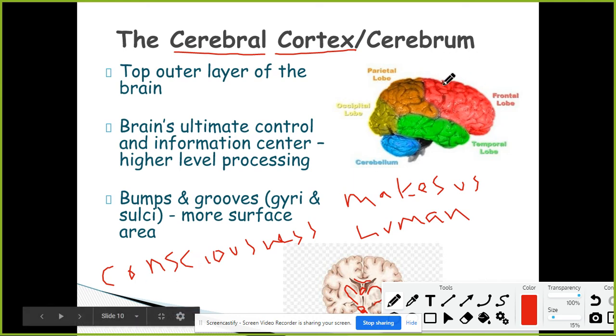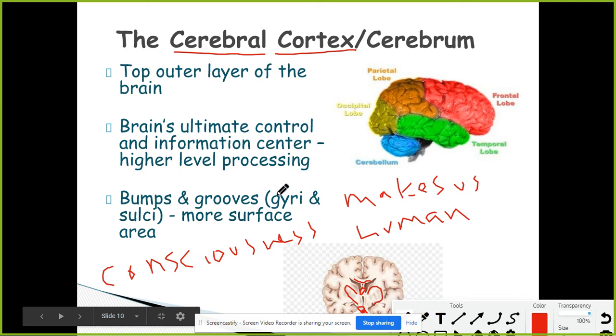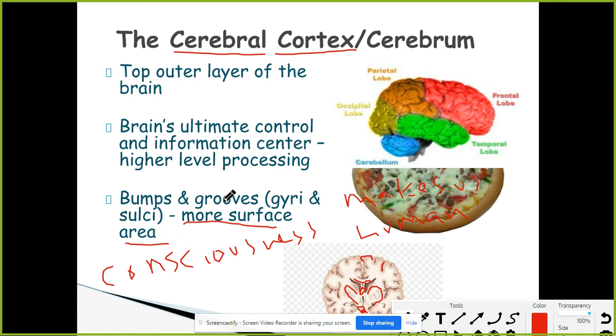So the cerebral cortex is made up of all these bumps and grooves, what are called gyri and sulci. The reason that we have these bumps and grooves, okay, the gyri are the bumps and the sulci are the grooves, is to create more surface area. Because if we didn't have them, if our brain was just all laid out flat, it would be about the size of a large pizza.